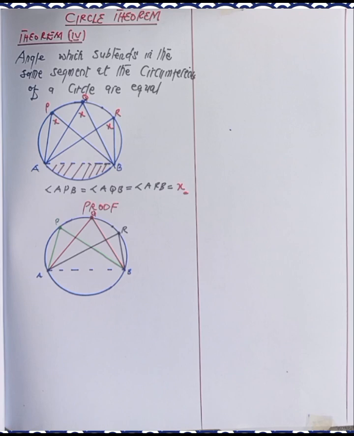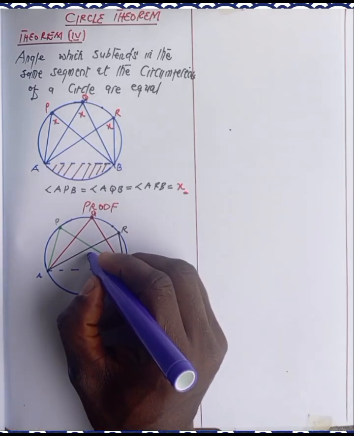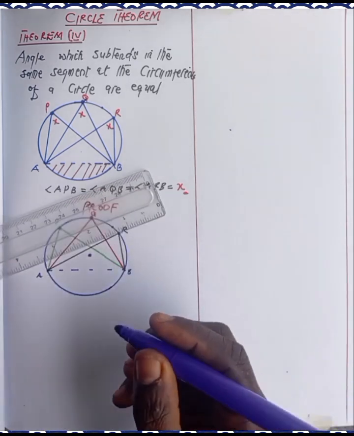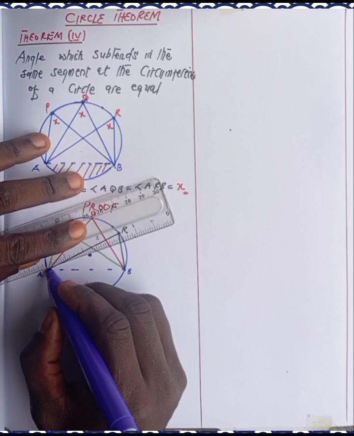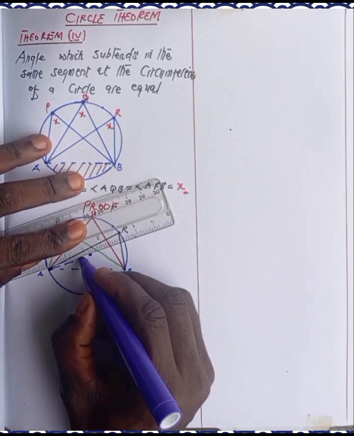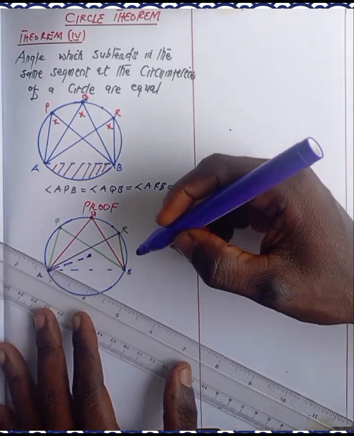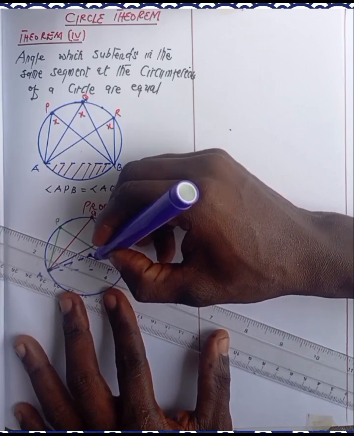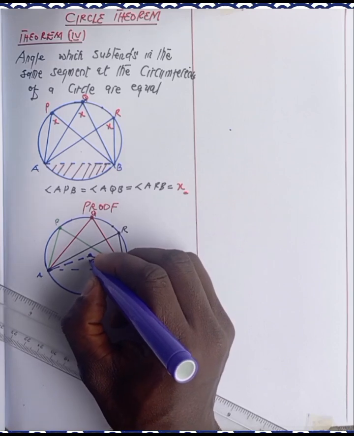Let's take it that the center of this circle is here, with center O. So let's draw a line to join the center O from A, and then let's join B to the center O.